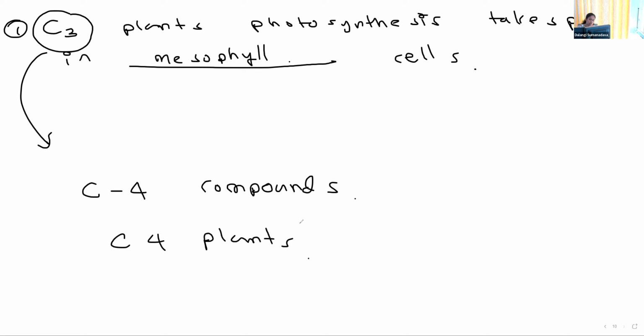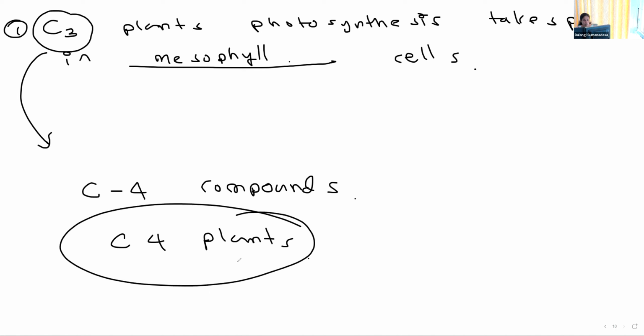I will introduce the compound next week, oxaloacetic acid. It's a carbon 4 compound. Right? So there are two types of plants, the C3 versus C4 plants. C3 produce the PGA as the first stable product, but C4, adapted to hot and dry environments, produce a 4 carbon compound.